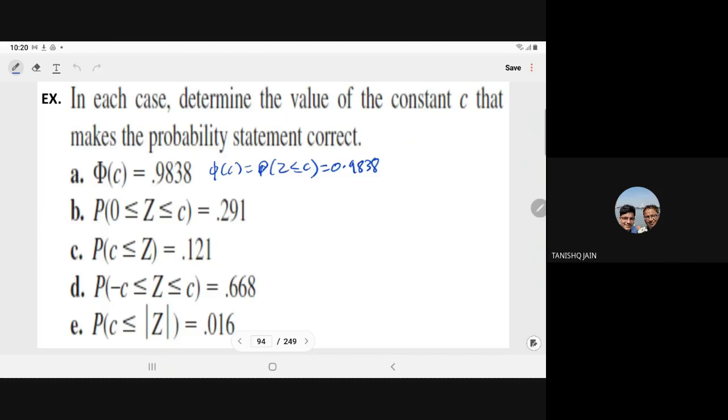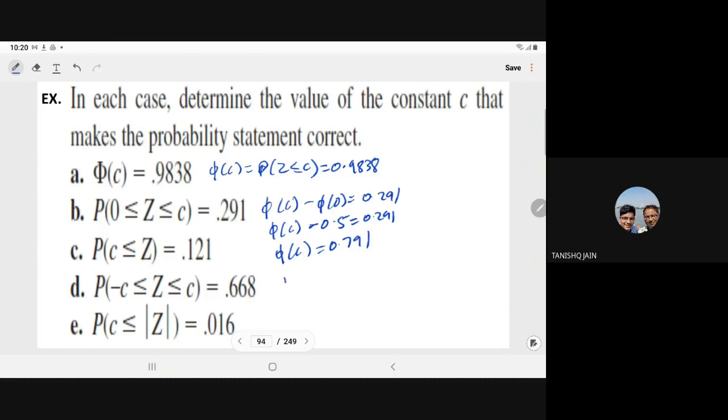Similarly, if Z lies between 0 and C and its probability is 0.291, we can write phi C minus phi 0 is equal to 0.291. And phi 0 is 0.5. So phi C is 0.5 plus 0.291, which is 0.791.